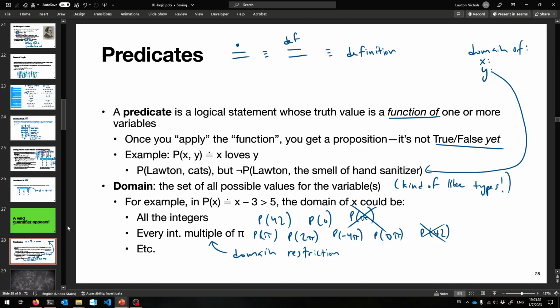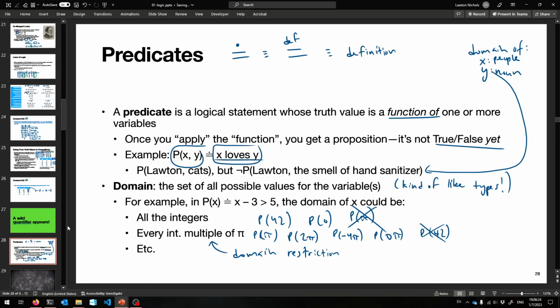So maybe I only want to ask the question about somebody loving something if X is a person, because only people can love things. Don't put anything else for X, only people. And then Y is just anything that could exist, like any noun. So that's how you can create the domain and define it for a predicate. You cannot use it in any other way, all right? But a predicate is just kind of like a function that takes things and gives back true or false once it took those things.